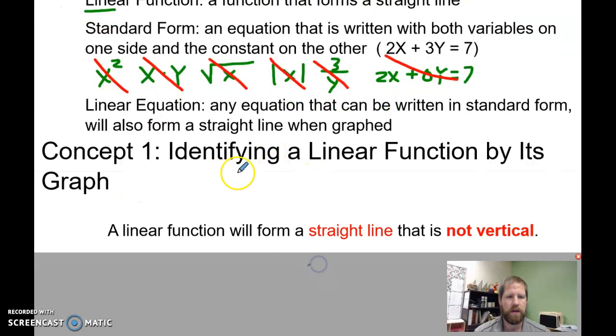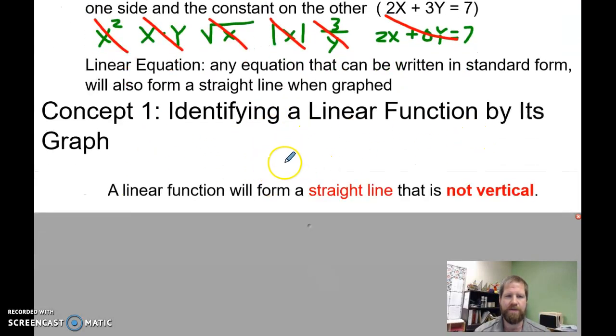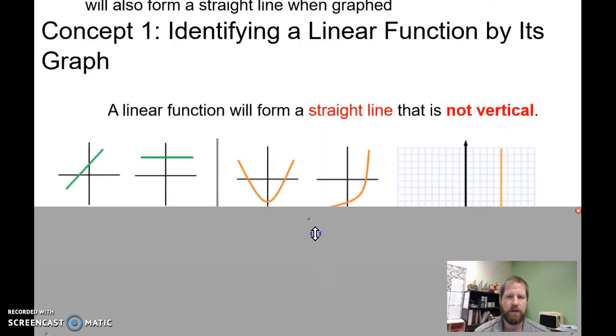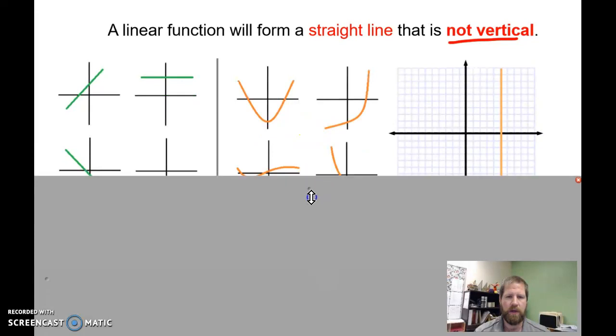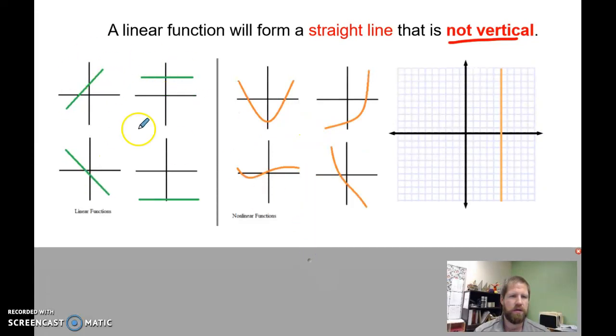Okay, concept 1, identifying a linear function by its graph. All right, so a linear function will form a straight line that is not vertical, and this is important. Okay, it's pretty easy to tell these guys apart and say, oh yeah, these are straight, these are linear functions, these are all bent or curved, or in some cases you could even find something that's broken.